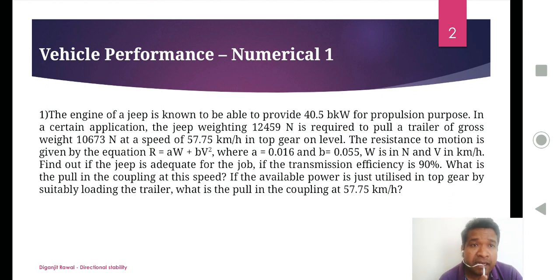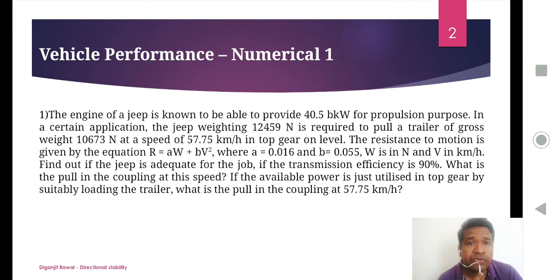The speed of the vehicle, capital V, is 57.75 km per hour in the top gear on level ground. Next, we consider resistance to motion, capital R is equal to aW plus bV square, where small a is equal to 0.016 and small b is equal to 0.055, whereas in the equation R, W is in Newton, V in kilometer per hour.